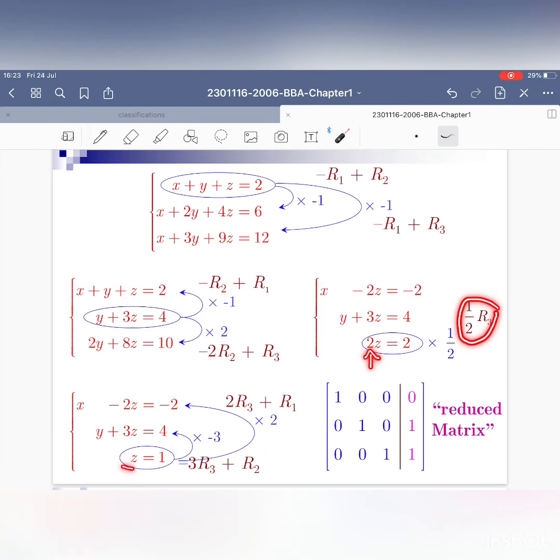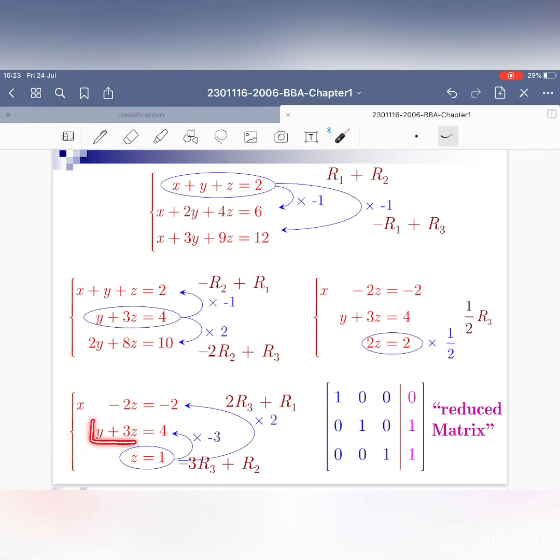So this is what you end up with: z equals 1. Then to obtain your y, you could replace z by 1, but what you can do is multiply by 3 and then do a subtraction again, so the 3z and the 3z cancel.